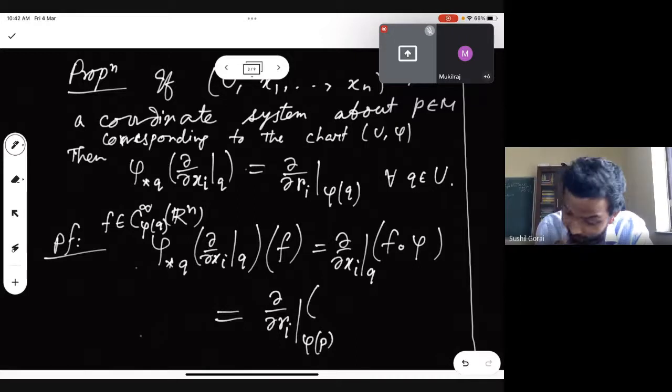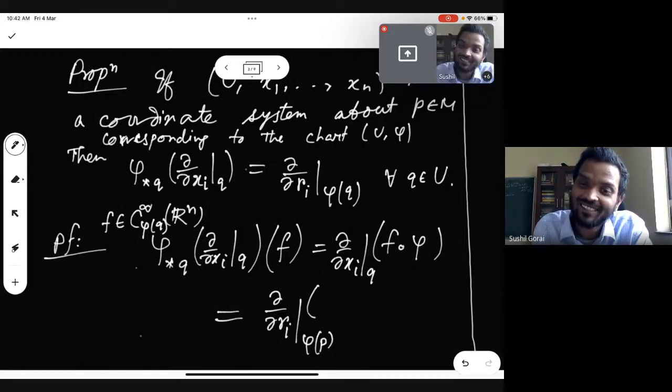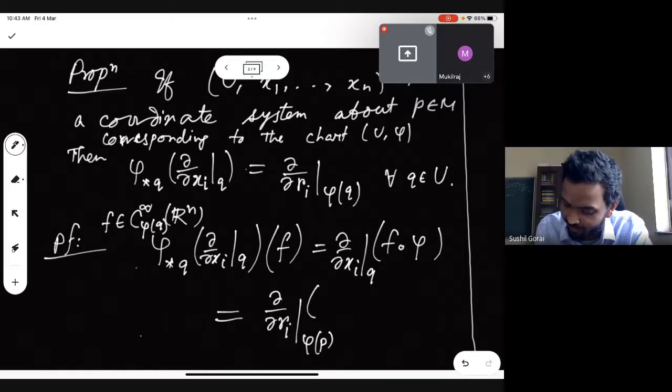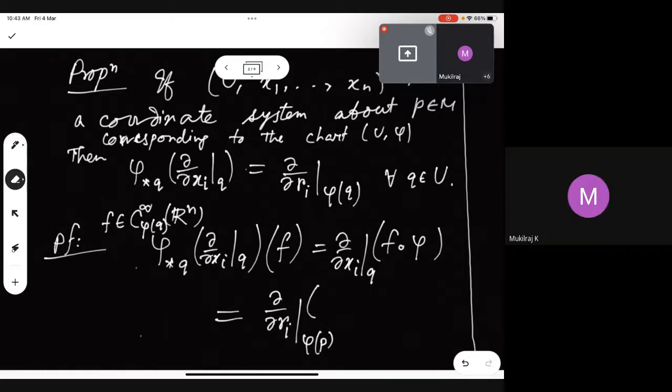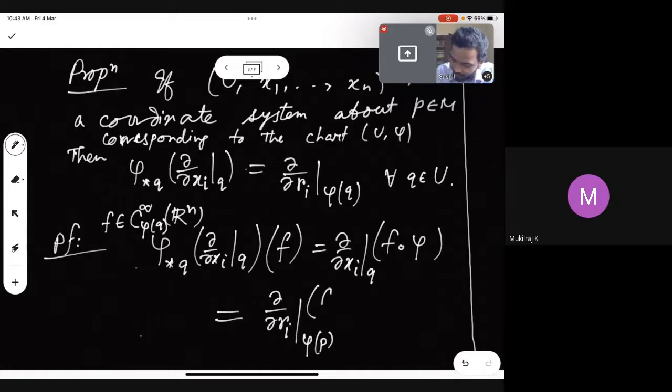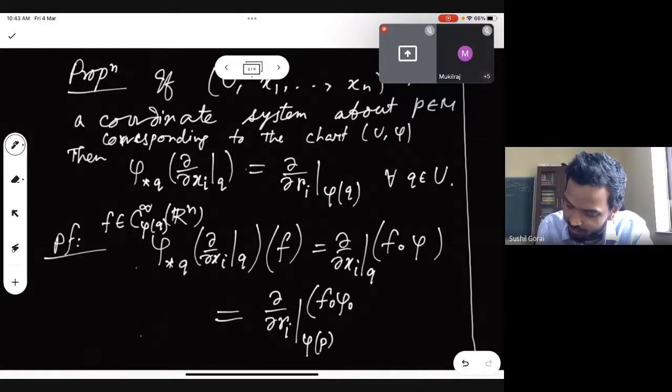Phi inverse applied where? Which side? F of phi inverse, sorry, it is f of phi inverse. This is at p, right? Yeah, phi of p. Phi composed with phi inverse.